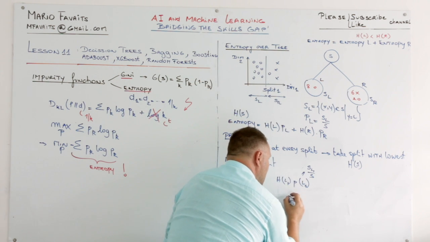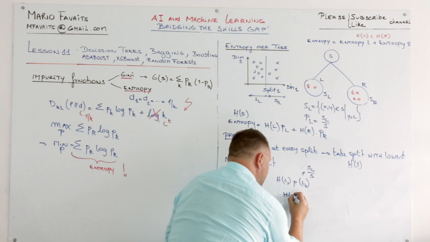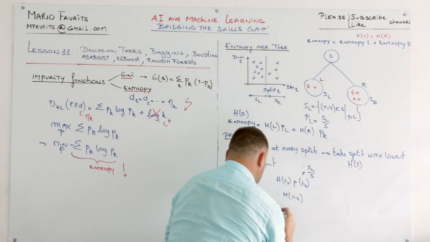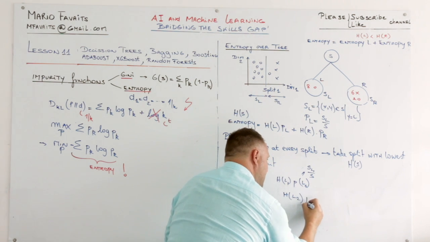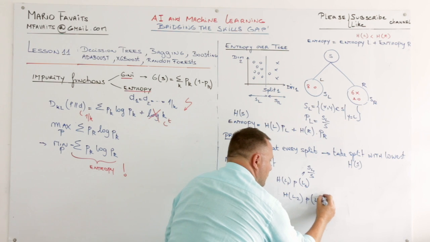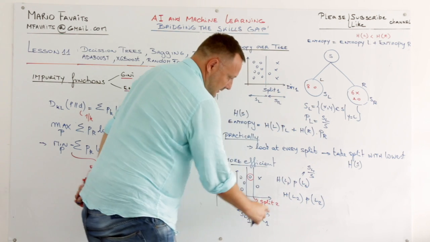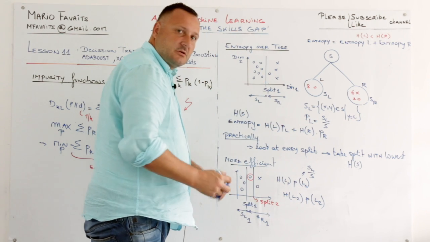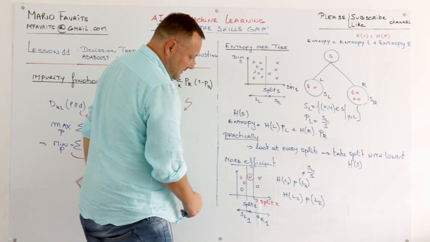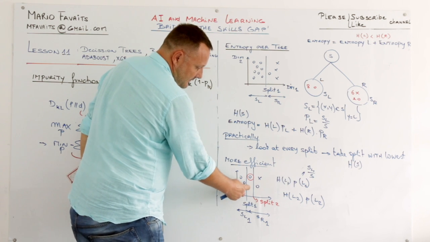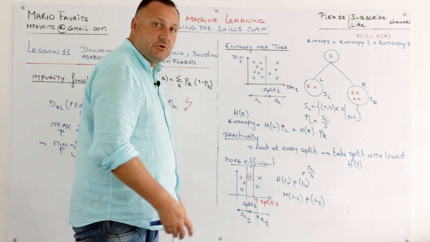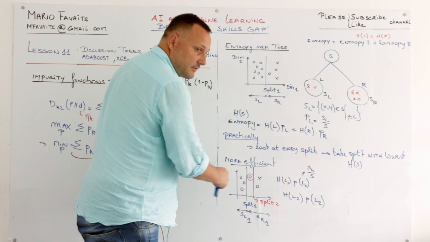So we have H of L2 times P of L2. The H of L2 is not going to change because it's still pure. It's still only circles.